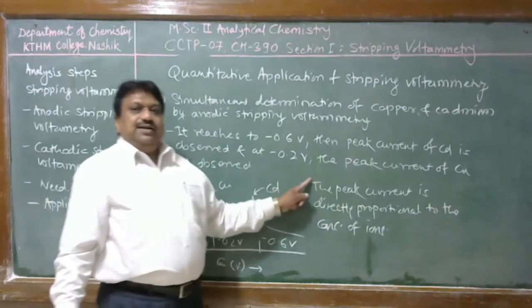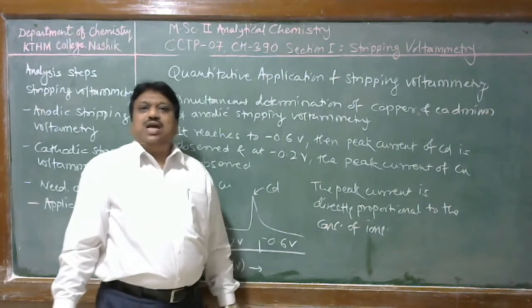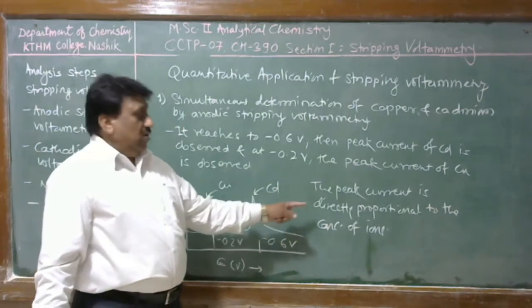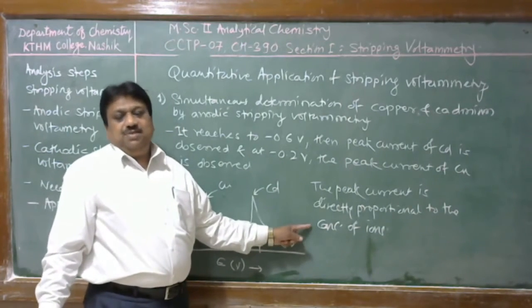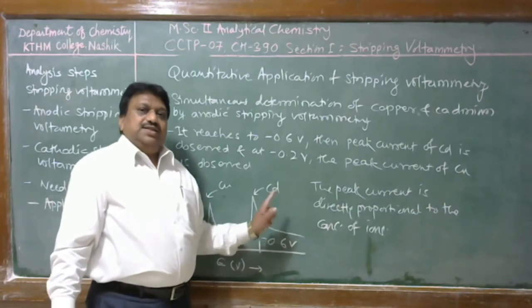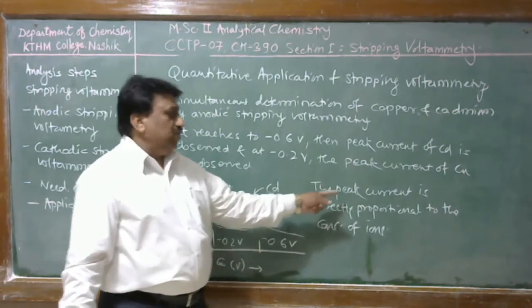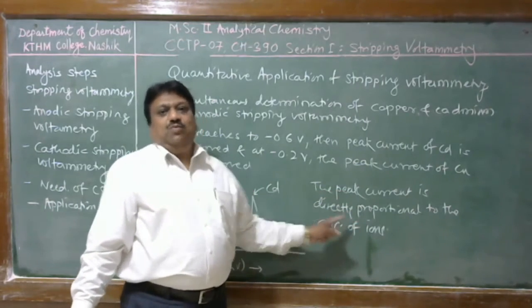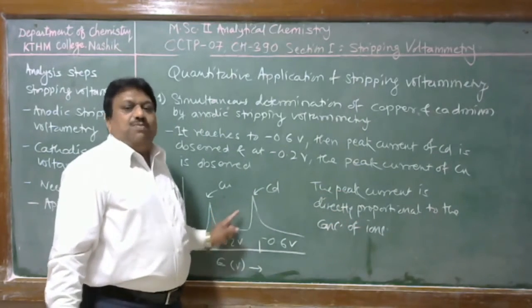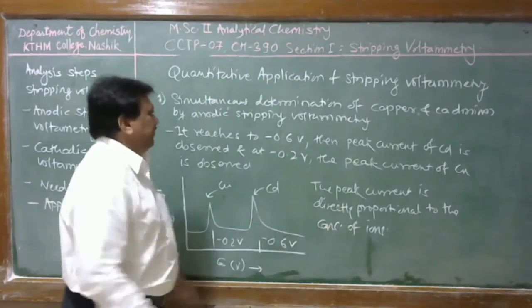The peak current is directly proportional to the amount of copper and cadmium present in the solution. A similar experiment is performed for a standard solution of copper and cadmium for determination of copper and cadmium in the sample.